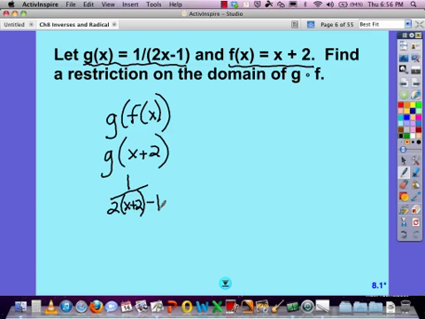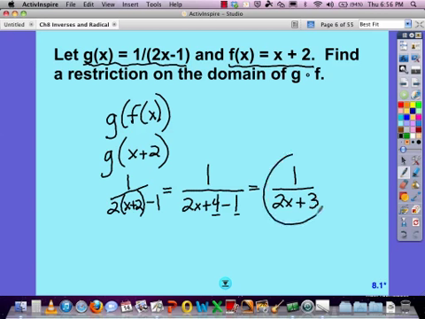So carefully, let's simplify. We still have the numerator of 1. In the denominator, we have 2x plus 4, subtract 1, and the only thing we can do is the adding and subtracting. So finally reducing, we get 1 over 2x plus 3.